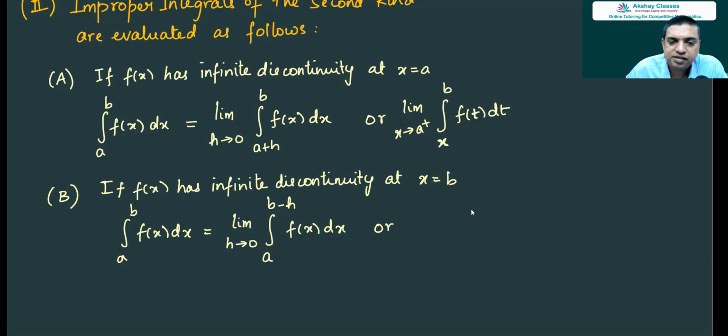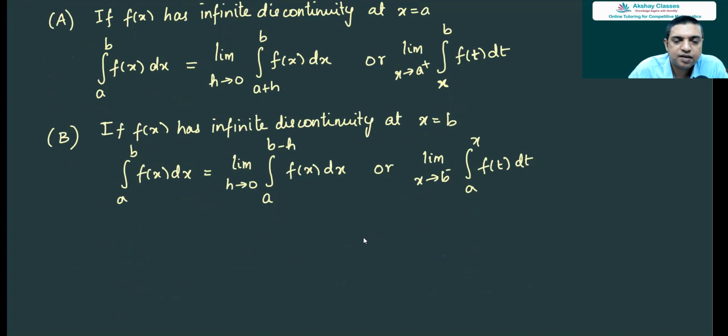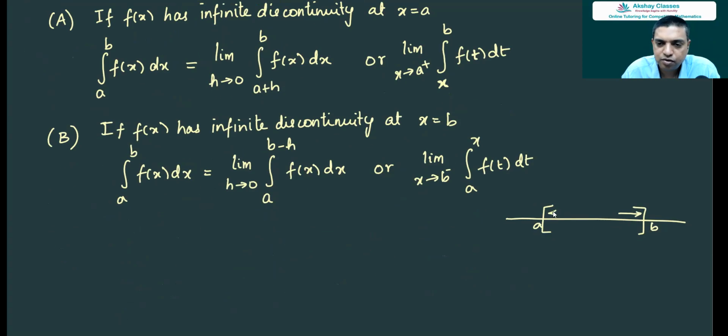Or this is the same as the integral from a to x of f of t dt, limit x tending to b minus. To the right end of the interval, we will have to approach from the left. This is a, this is b. So it will be limit x tending to b minus, or limit x tending to a plus if it is at the left.